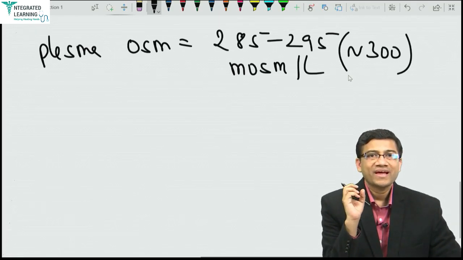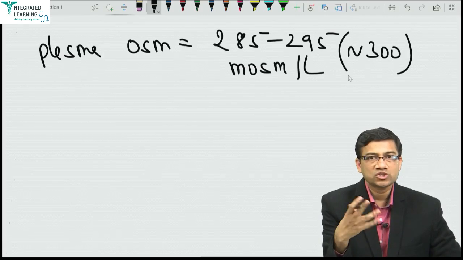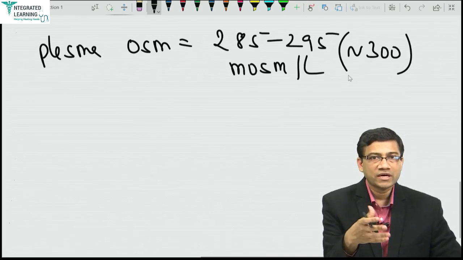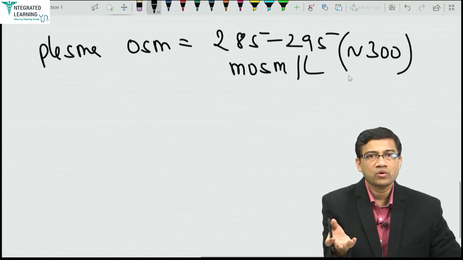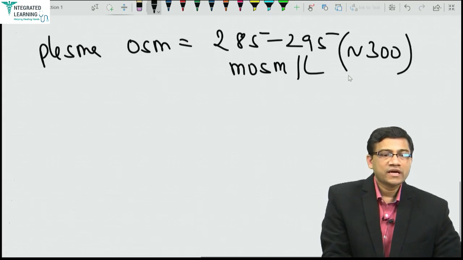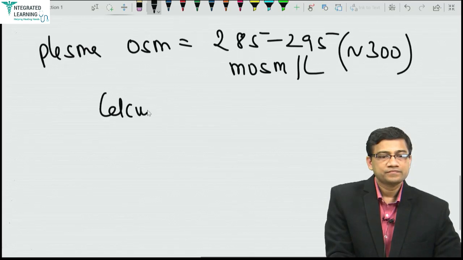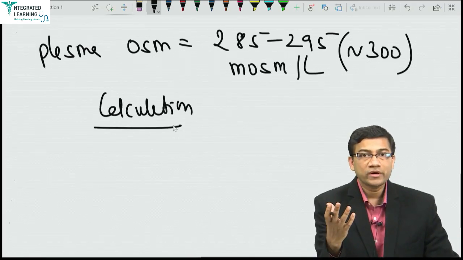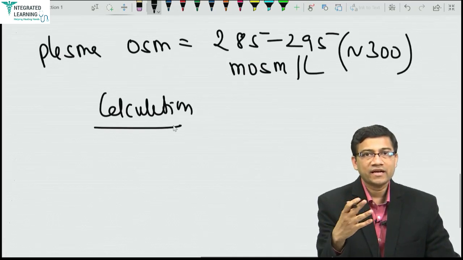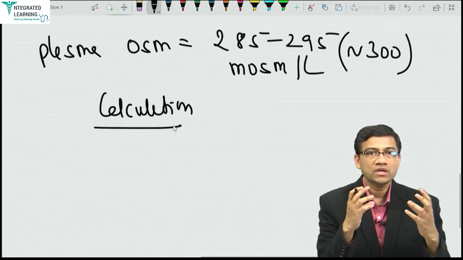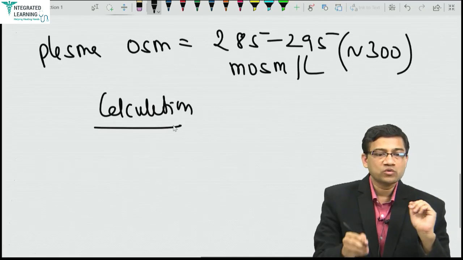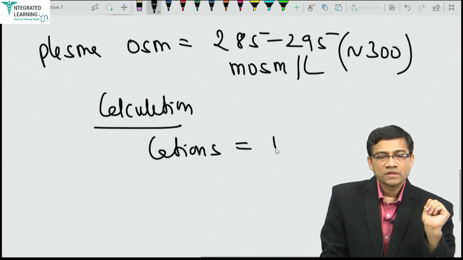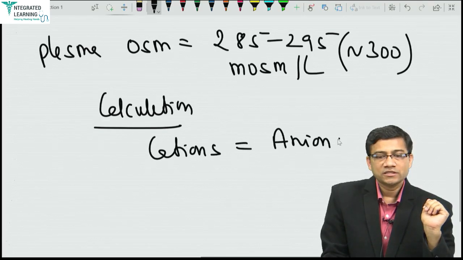The answer is simple. Any solution which contains salts will give osmolarity. Now you have to calculate how many salts are there in the plasma. Let's say sodium, chloride, etc. So first is calculation. We know very well that cations and anions are equal in terms of total charge, perfectly balanced.